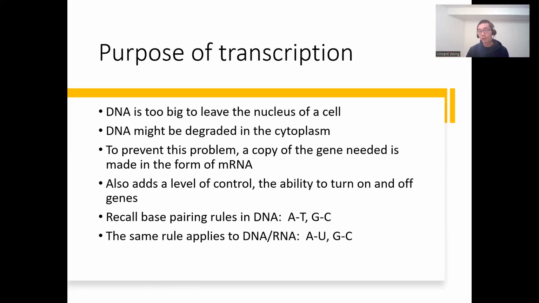What makes a kidney cell different from a liver cell is the set of genes that get turned on. Even though they all have the same set of genes, we don't turn on all of these genes in every single cell. That would make the cells identical in the body. We only turn on the set of genes that are specific to the functions of the cell.